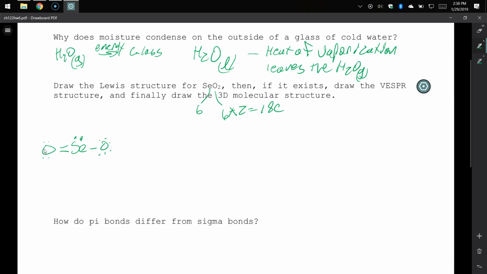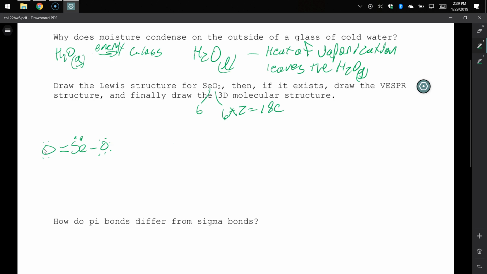So this is the Lewis structure. If I want to draw its 3-dimensional VSEPR drawing, what does the structure look like? You keep the 2 electrons on top of the selenium, with a double bond to that oxygen, because it's the only way that I can get 8 around everybody.